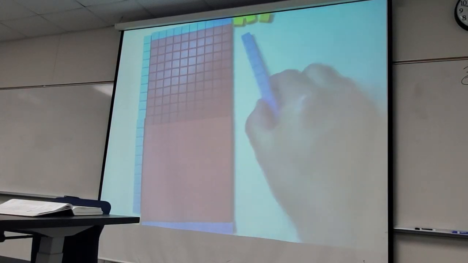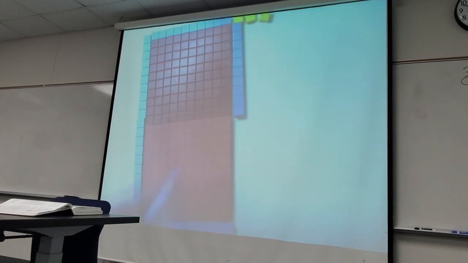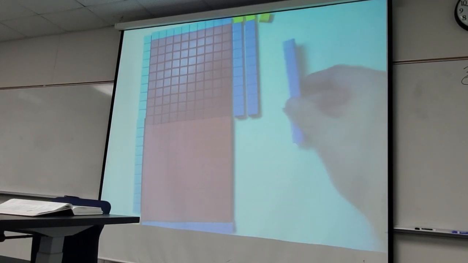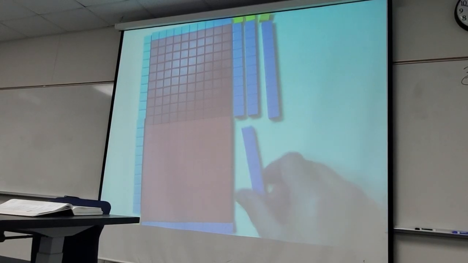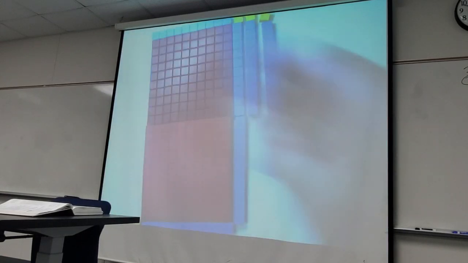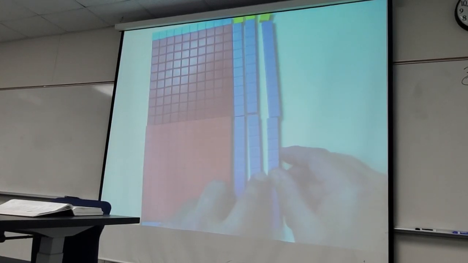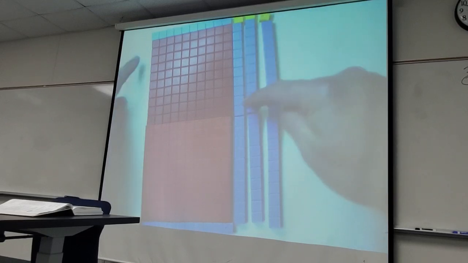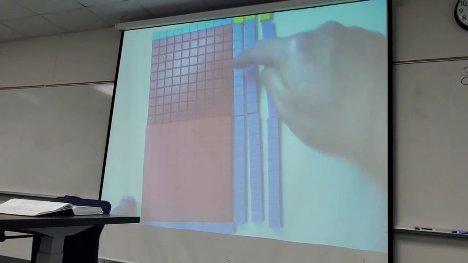So 10 times 1, 10 times 1, 10 times 1. This is where we might run out of longs. No, I do. I'm going to steal these two because I don't need them over there. There we go. So 10 times 1, bam. 10 times 1, bam. 10 times 1, bam. And then down here, 10 times 1, bam.